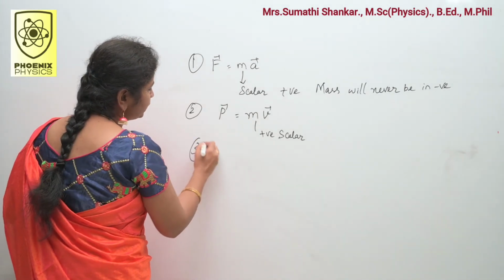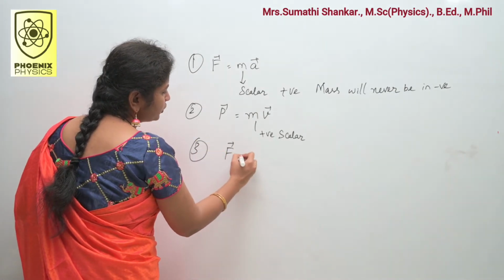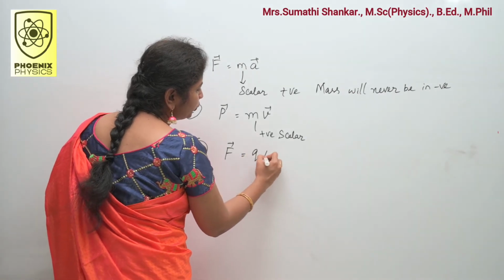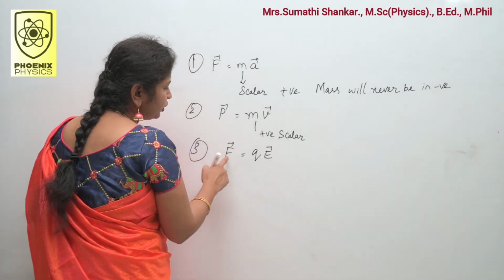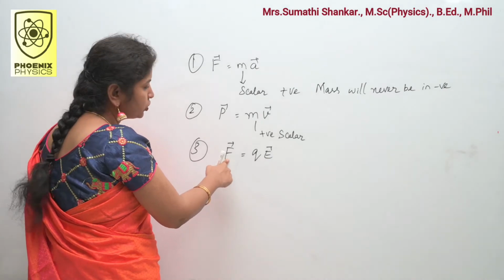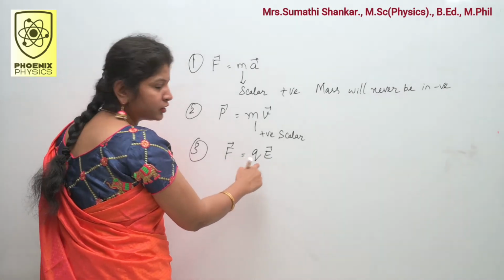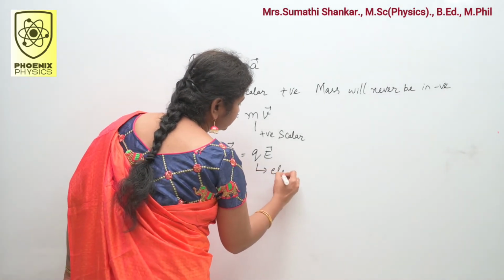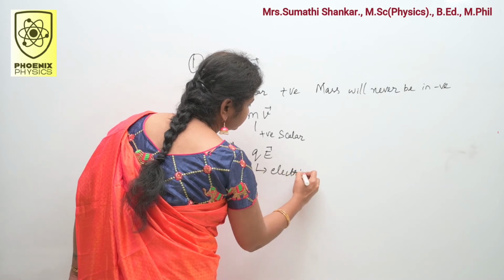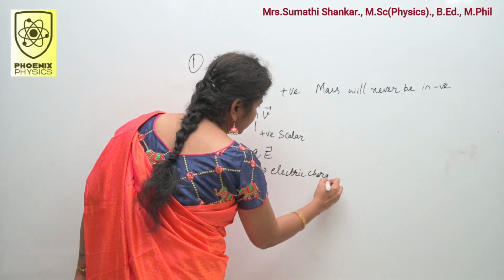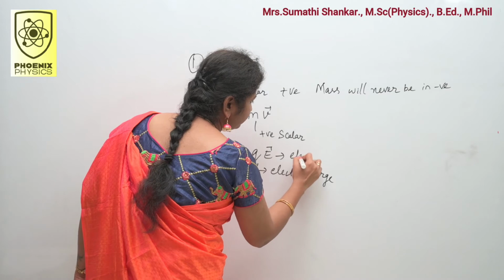And third one is force F is equal to QE. So here F represents force and Q represents electric charge and E is electric field.